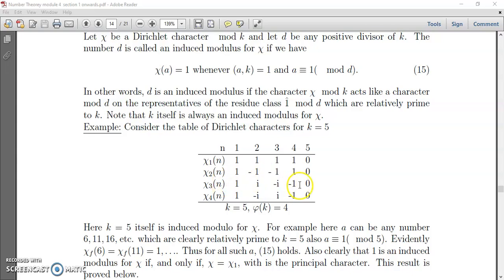In other cases it is not 1. So that is why we can say that chi is equal to chi1, and if chi is equal to chi1, then 1 is an induced modulus of chi.